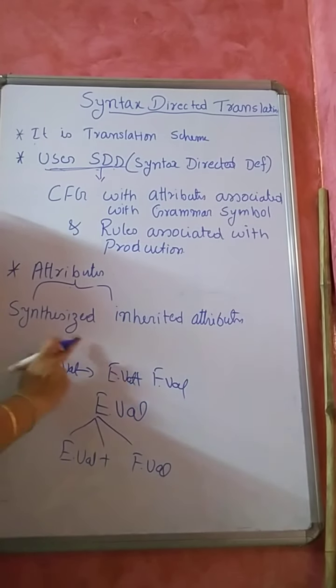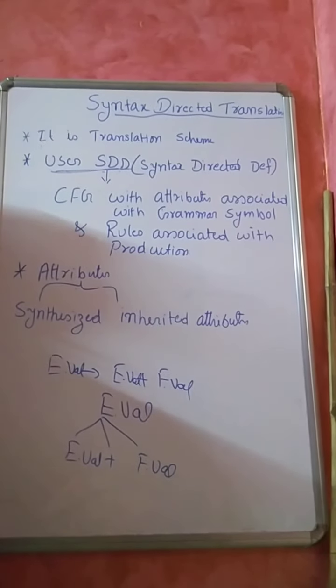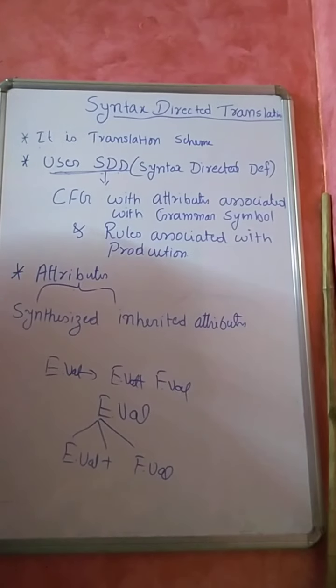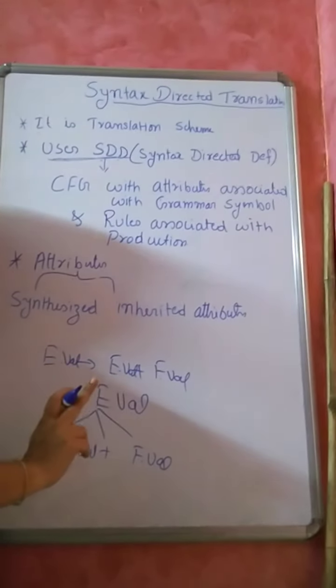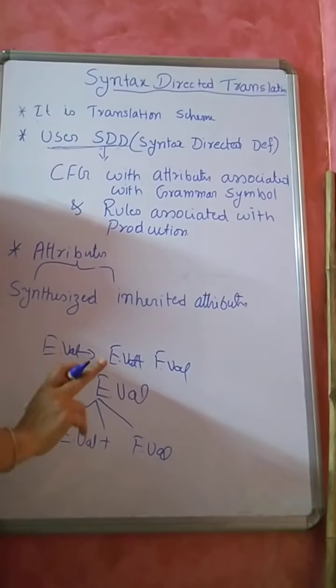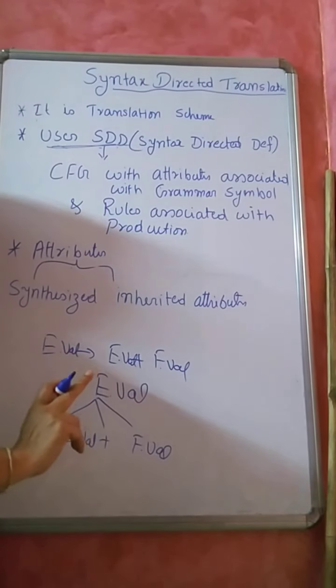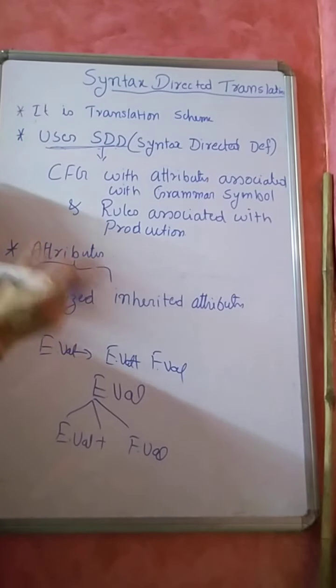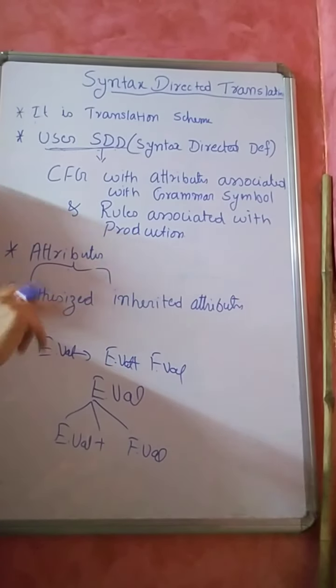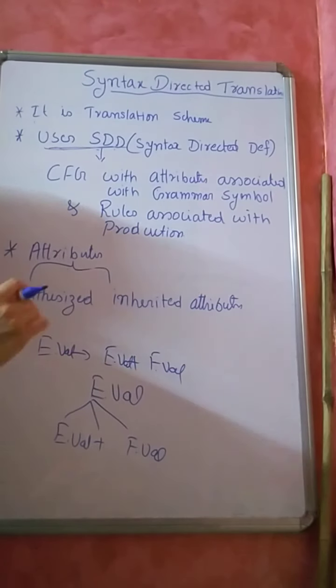That is called a synthesized attribute. And coming to the inherited attributes: inherited attributes are the attributes whose value will be evaluated by the value of their parent node, or the value of their siblings, or by itself.